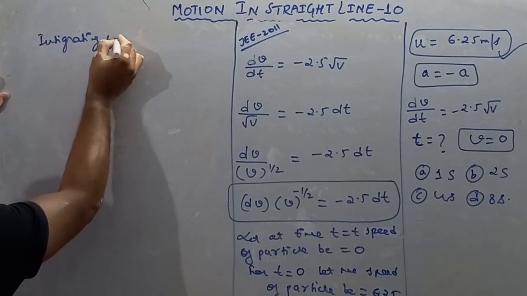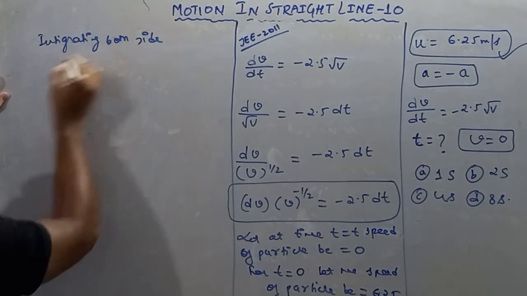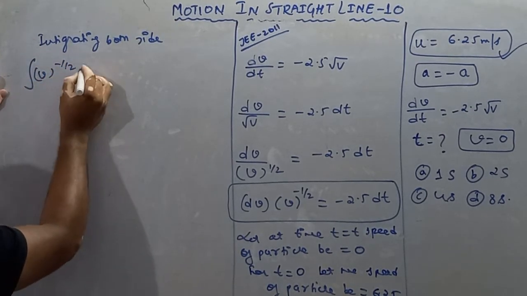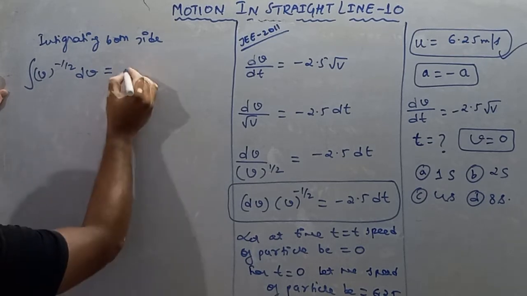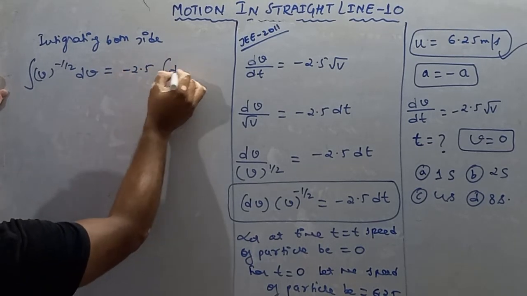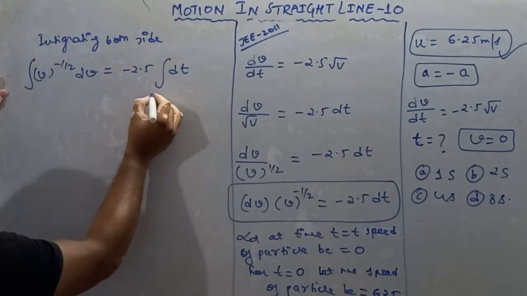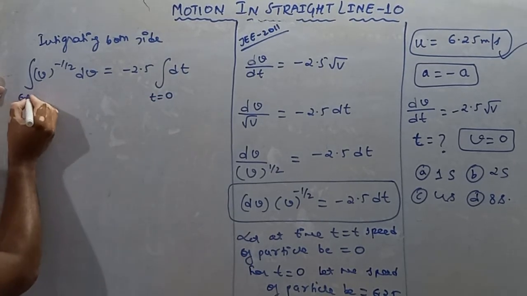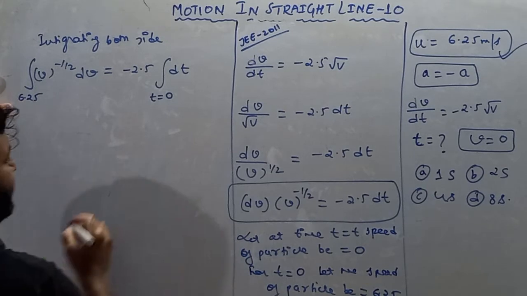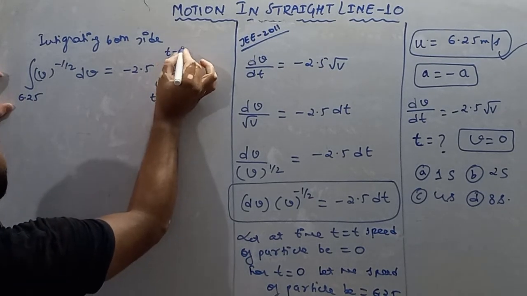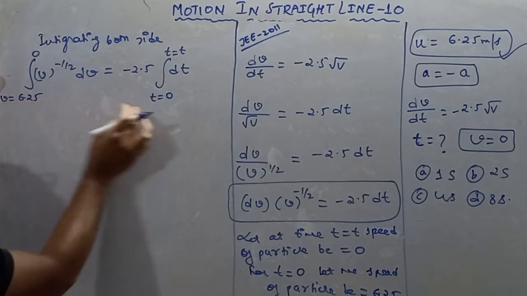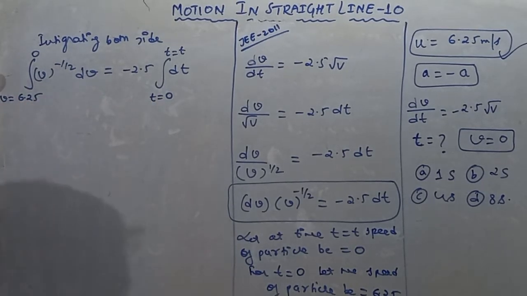Integrating both sides, what will we get, my dear student? We get the integration of v raised to the power minus half dv is equal to minus 2.5, which is constant, into dt. When time t is equal to 0, the speed of the particle is 6.25.